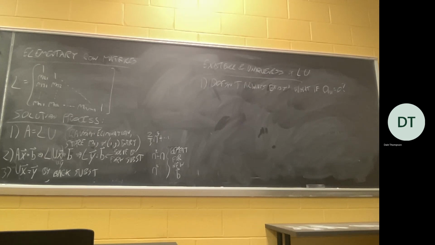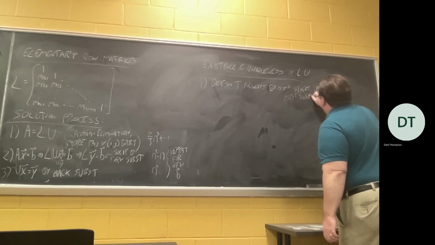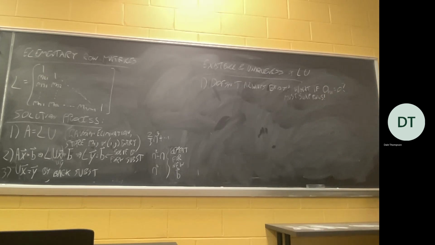So if you're carrying out Gaussian elimination on such a matrix, you'd have to perform a row interchange. You'd have to swap the first row and some other row that has a non-zero entry in the first column, and then Gaussian elimination can proceed. But what that means is this particular A does not have an LU decomposition.